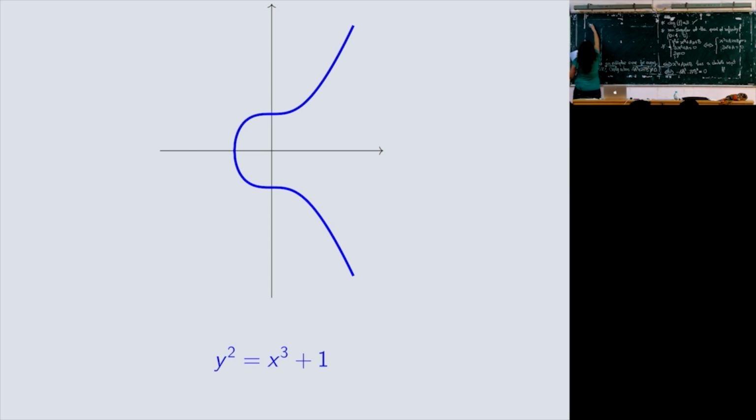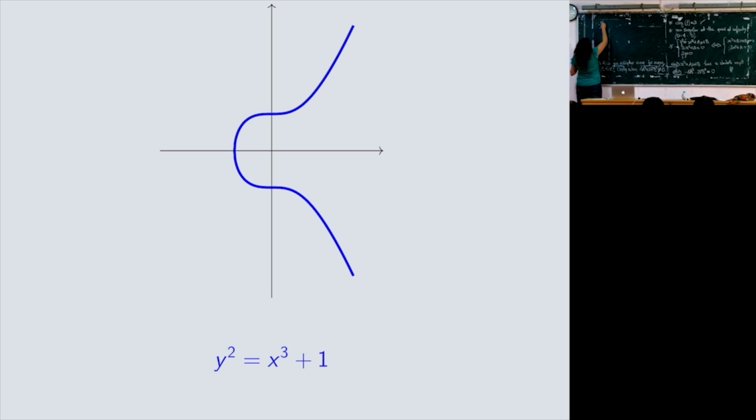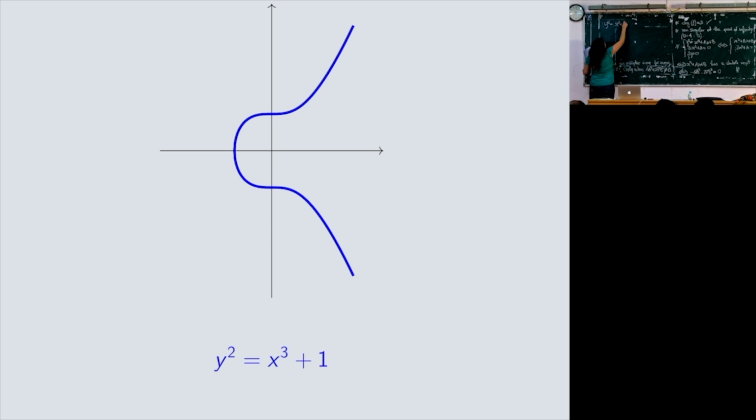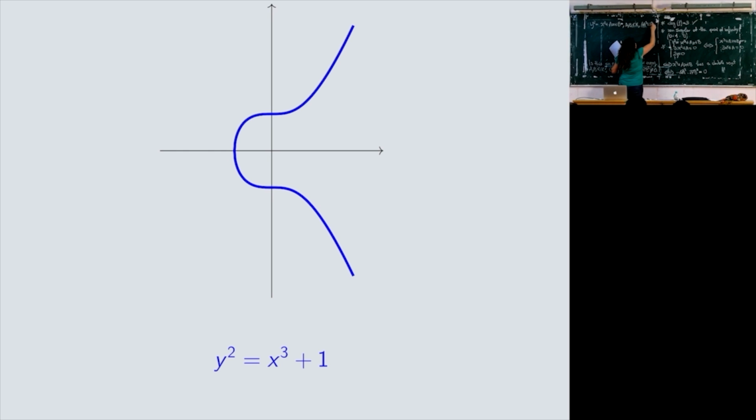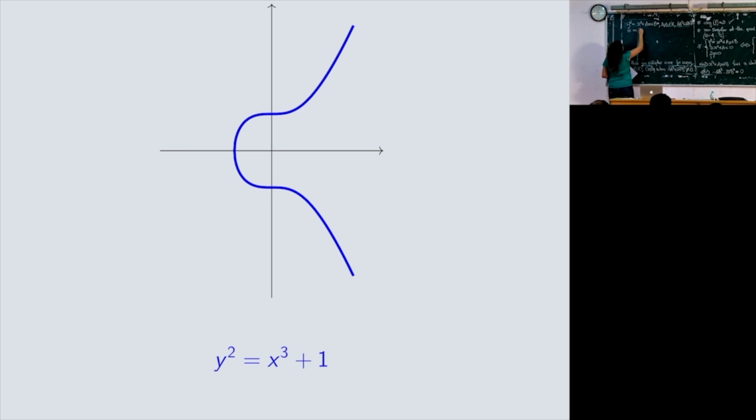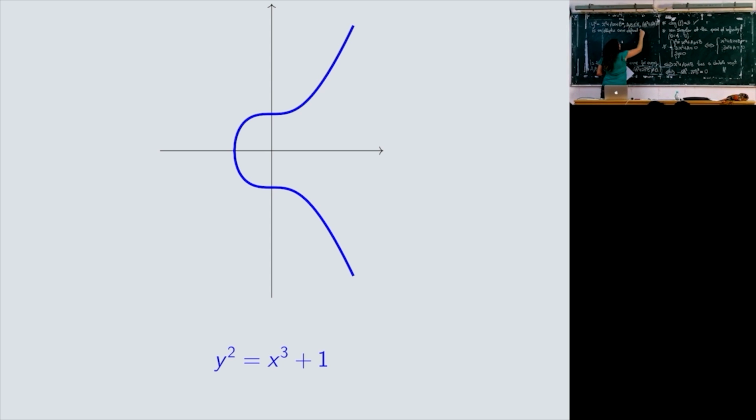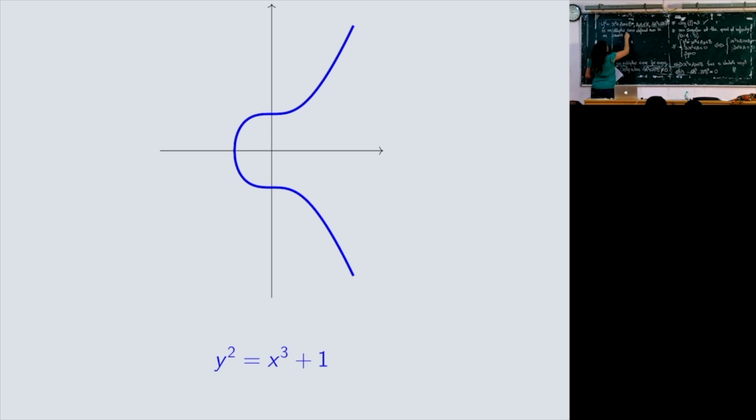So, if I sum up what I said, y squared equal x cubed plus ax plus b, with a and b in K, and this quantity different from 0, is an elliptic curve defined over K. This is called short Weierstrass form.